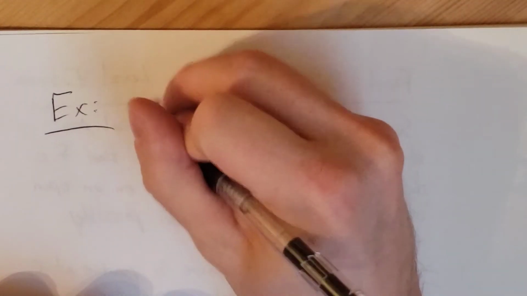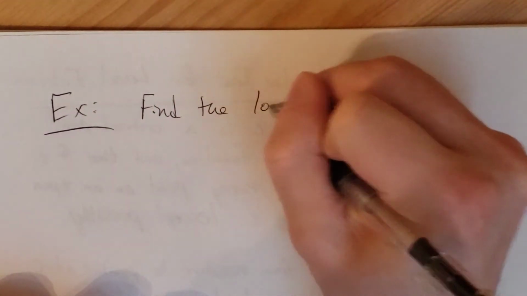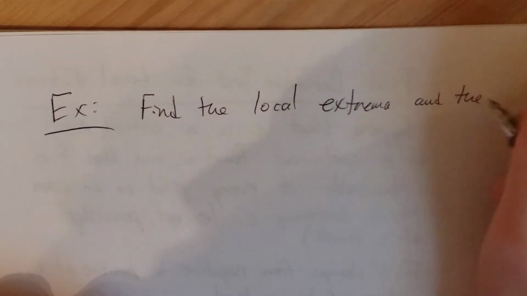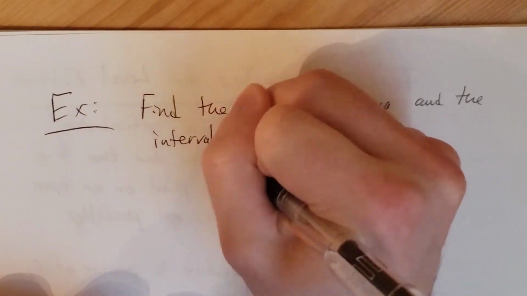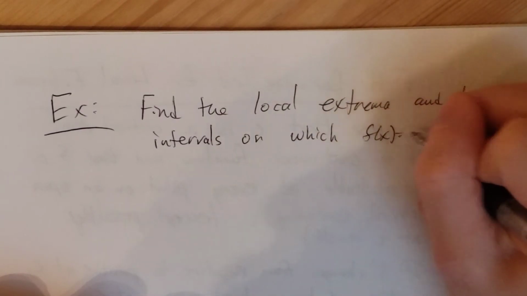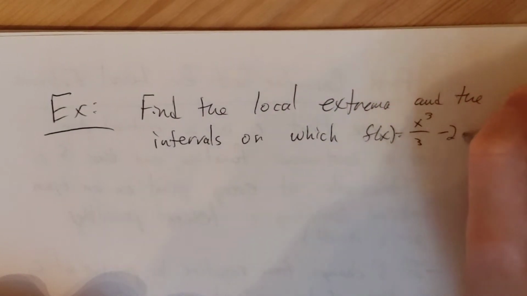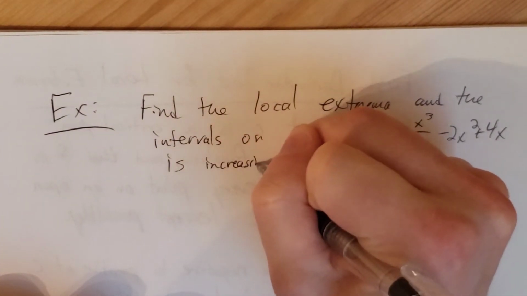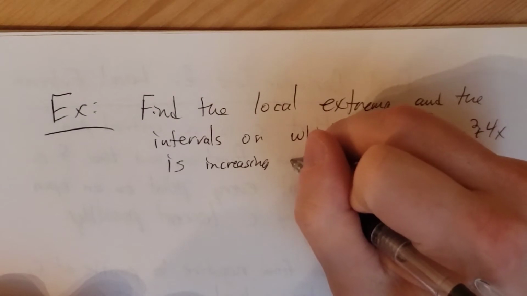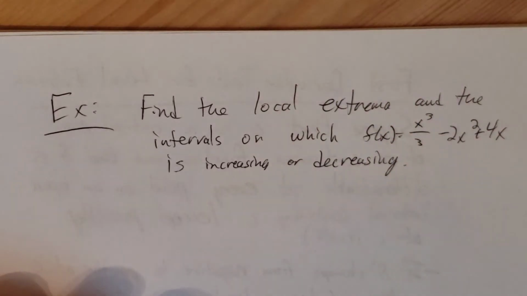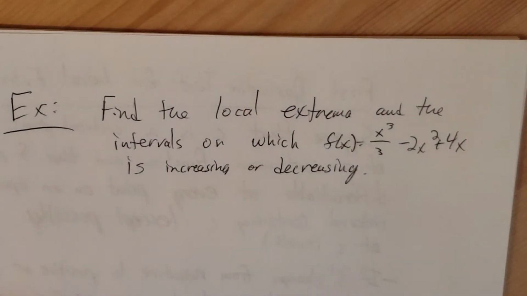So we have an example here, and we want to find the local extrema and the intervals on which f of x equals x cubed over 3 minus 2x squared plus 4x is increasing or decreasing. Okay, so let's go ahead and do that.